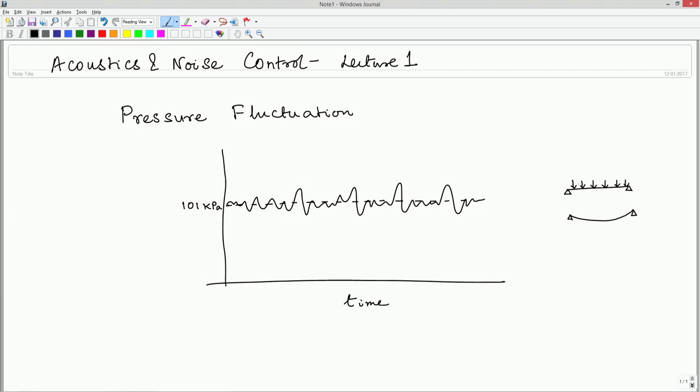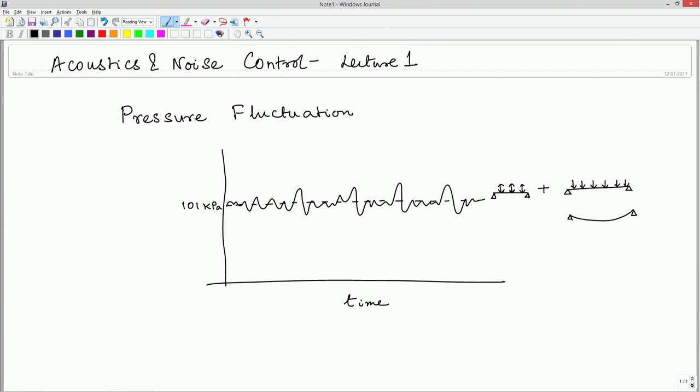On top of this, there is going to be an oscillating component, which I will show in this fashion, because it is both upward and downward with reference to a mean which is now not 0, but at 101 kilopascal.